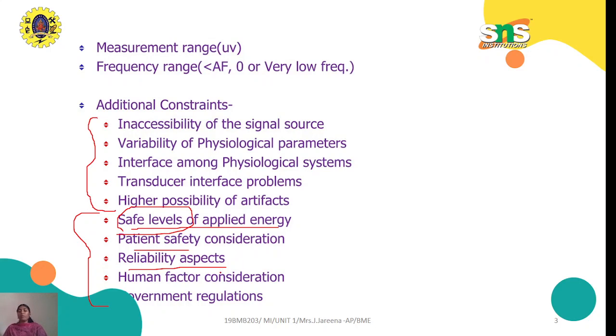It will not be influenced by external factors, so the output given by the medical device will not be affected. It has very good reliability characteristics, so wherever we use the medical device, it should give real, accurate data. So we have to design a medical device with very good reliability characteristics.